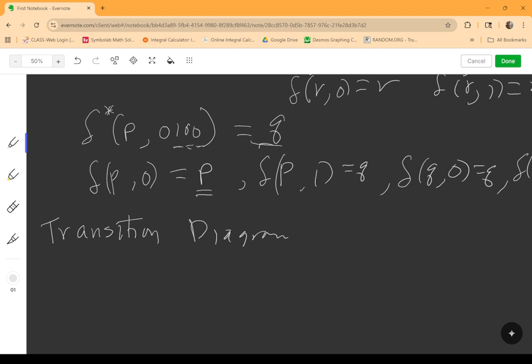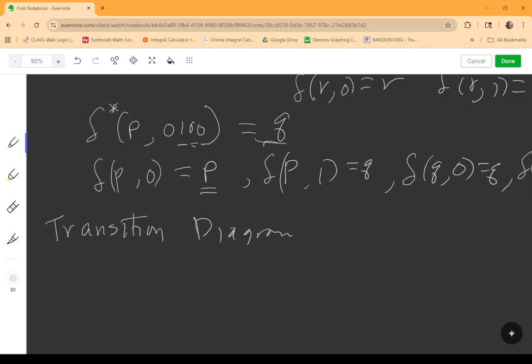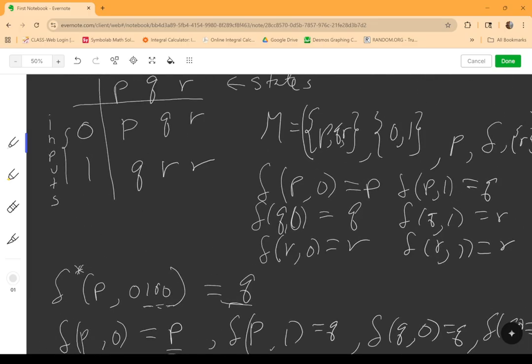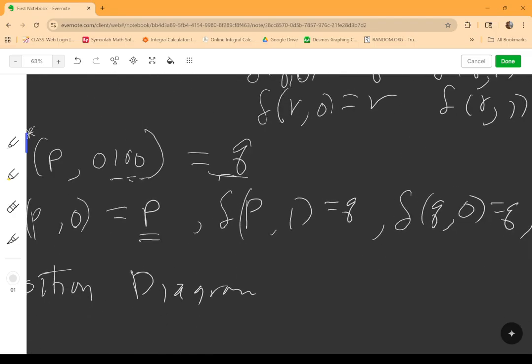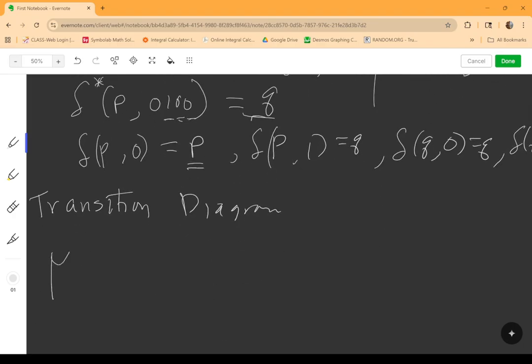So let's illustrate the above DFA. We have an arrow out of nowhere coming from our starting state, which is P, and now let's label Q and R. R is our accepting state, drawn with two concentric circles.